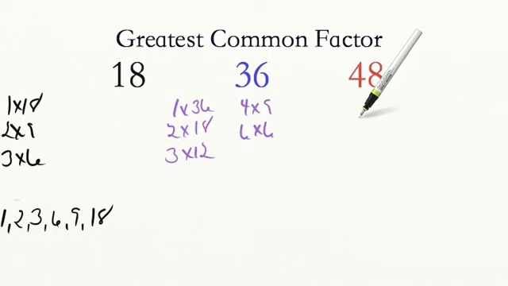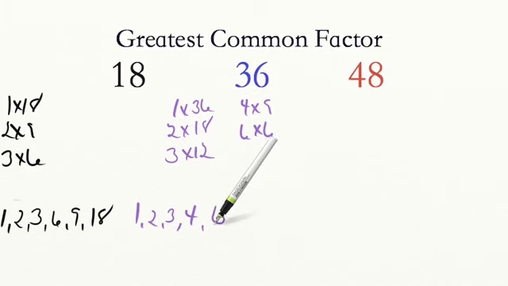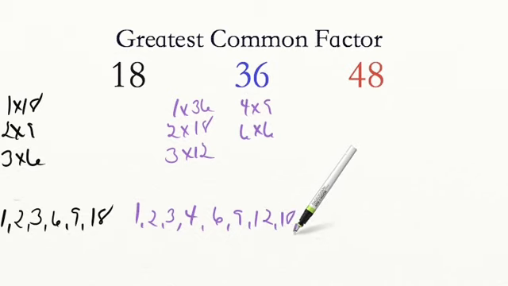So those are all of our factors. Now we just need to list them in order. 1, 2, 3, 4, 6, 9, 12, 18, 36. Wow, great work. That was a lot of factors.